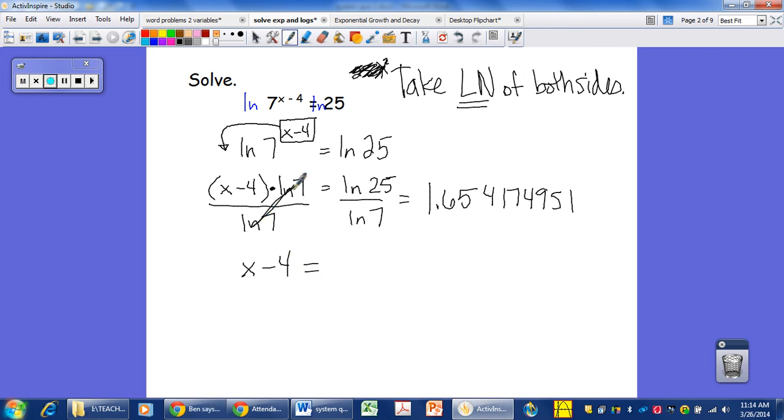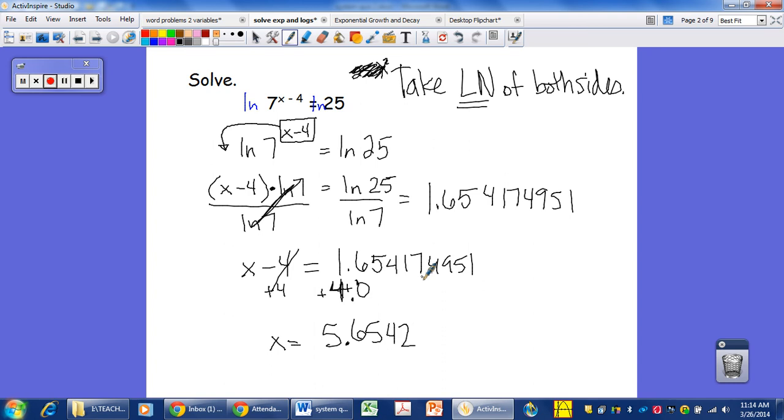So this cancels out, so we're left with x minus 4 equals 1.654174951. We add 4 to both sides. So x equals 5.6542. So we'll finally round to the 4th decimal place. The 7 makes the 1 become a 2. So rounding to 4 decimals gives me an x value of 5.6542.